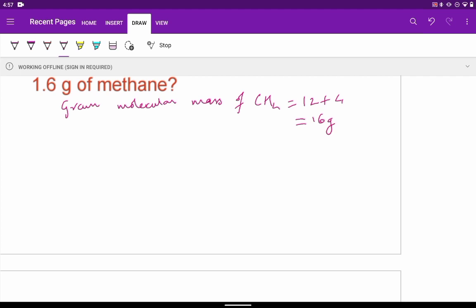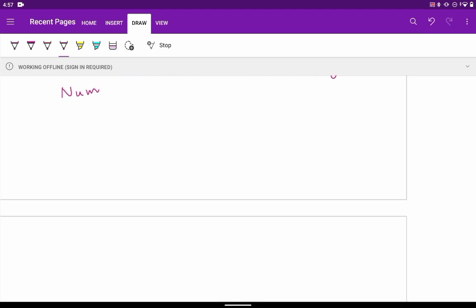So 1.6 grams is given. So we have to calculate the number of moles. Number of moles of methane is given mass 1.6 grams by 16. So what will it be? 0.1.